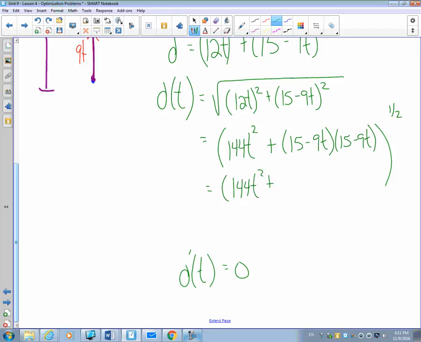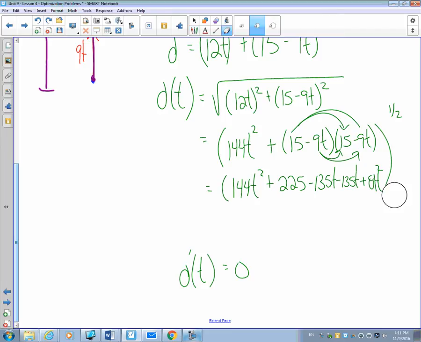Let's do some FOIL. 15 times 15 is 225. 15 times 9 is 135t. Inside, 135t. 81t squared. So I move this bracket over here a little bit, all to the power of 1/2. Let's collect some like terms and put them in the right order too.